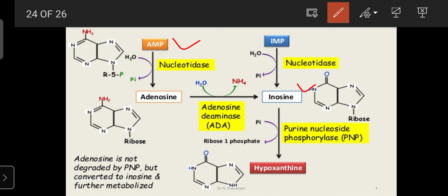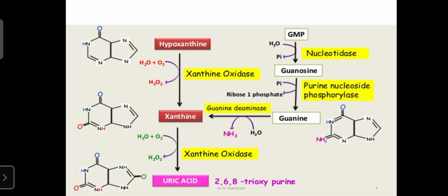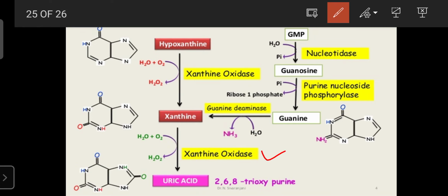IMP is also catabolized in the presence of the nucleotidase enzyme, and with the addition of water it converts to inosine, and inosine into hypoxanthine. Further, hypoxanthine is acted on by the xanthine oxidase enzyme, and with addition of water it is converted into xanthine. Further, xanthine is converted to uric acid in the presence of xanthine oxidase. So uric acid is formed from IMP as well as AMP.